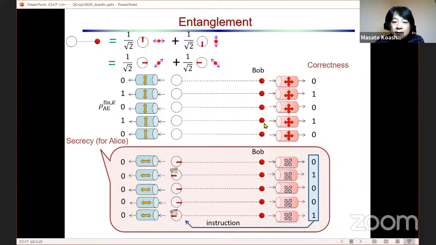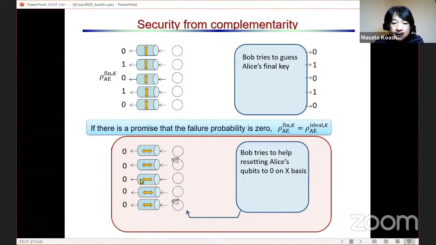Now consider what Bob could have done here. Instead of doing this, Bob could have measured this photon to distinguish these two diagonal polarizations. Then Bob would know this qubit is pointing right or pointing left. So then Bob can give instruction to Alice such that Alice should rotate this qubit and also rotate this qubit, such that all qubits are reset to the value 0.